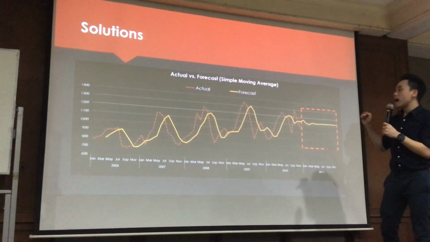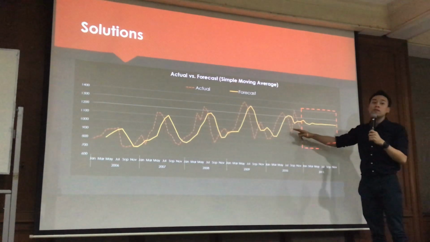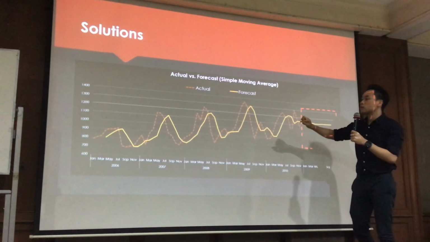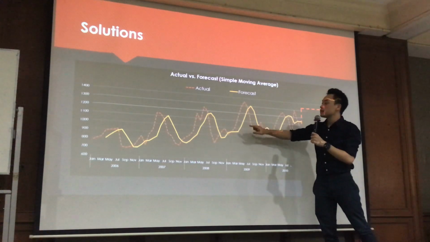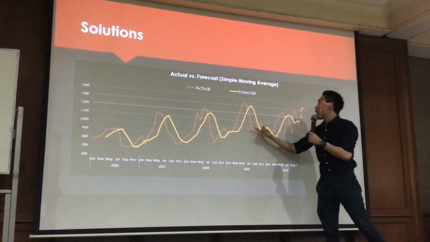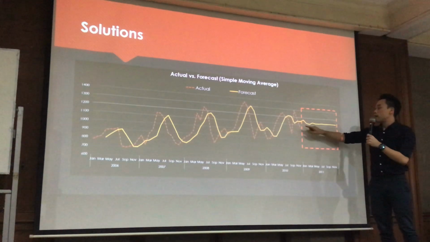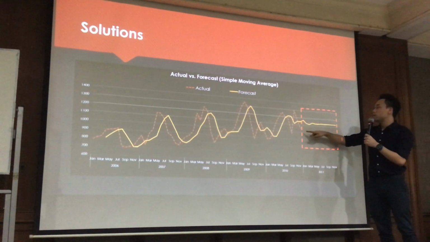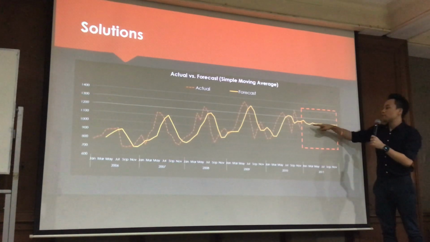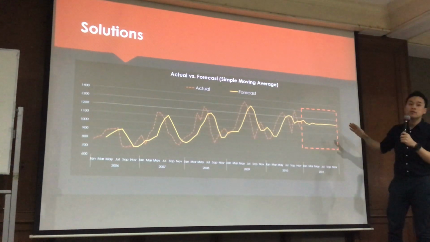Using this kind of forecasting, you can see in the graph that where we have the actual data, the forecast and the actual value are quite the same, but with a delay in the period. After you don't have the actual value, the forecast value tends to reduce over time. Finally, it's going to be a straight line. We come to the conclusion that this one is not suitable.